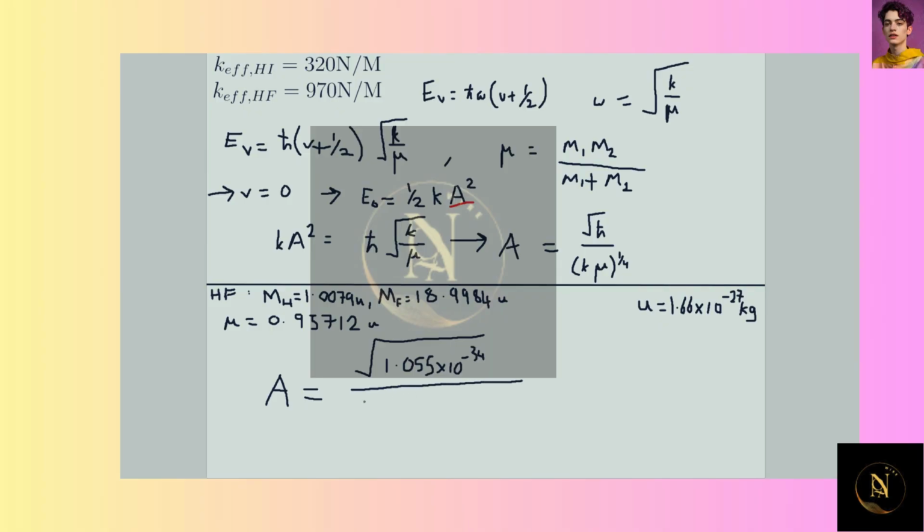That's going to be all over our effective spring constant, which is 970 newtons per meter, multiplied by our reduced mass, which is 0.95712 times our atomic mass unit, 1.66 times 10 to the minus 27 kilograms, giving us an answer of around 9.2 picometers.